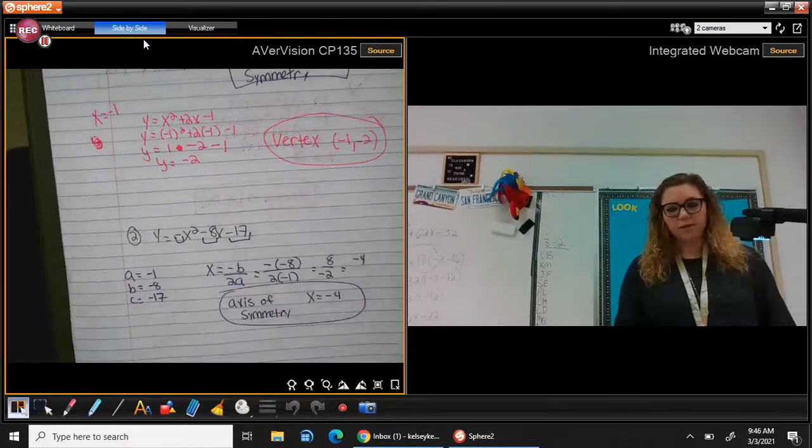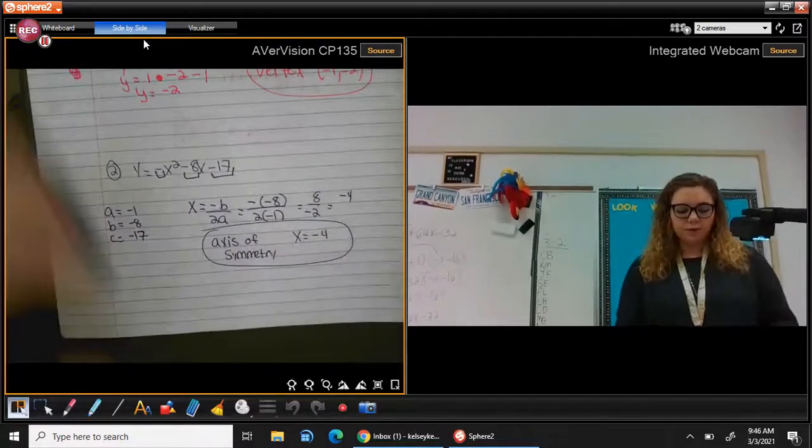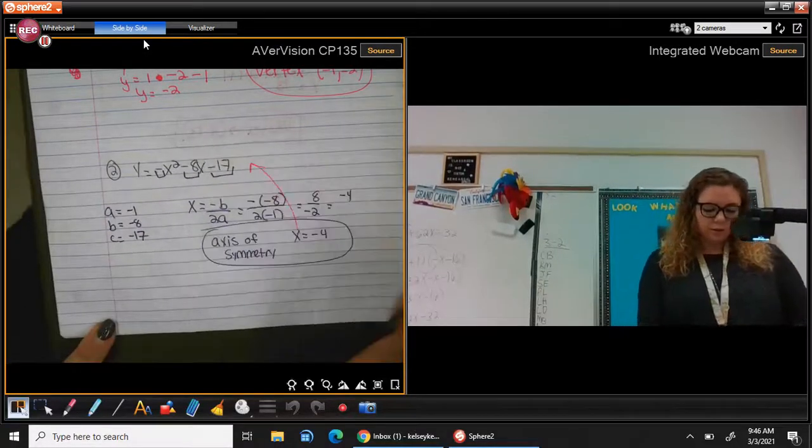And then what's left to find? The vertex. And to do that, plug in x equals -4 into my equation up here.